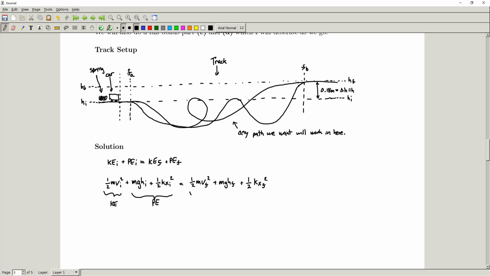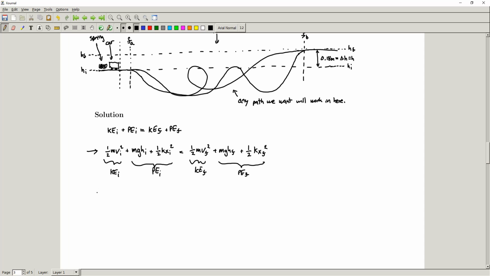So these were initial, and we have our kinetic energy final here, and a couple of sources of potential energy final here. Okay. And so we're going to use this equation that I have laid out here as a blueprint to solve all these parts of the problem. So let's start off in part A.